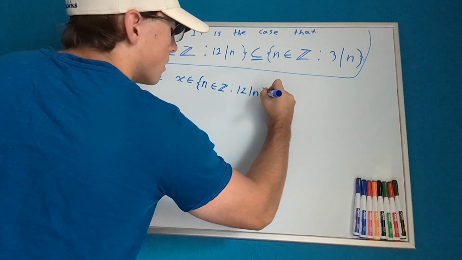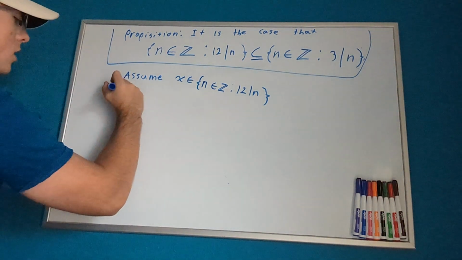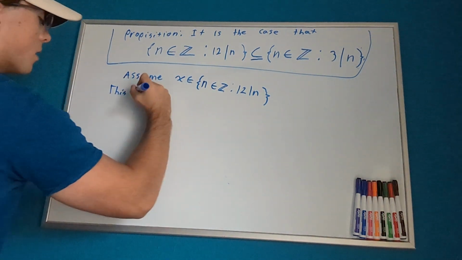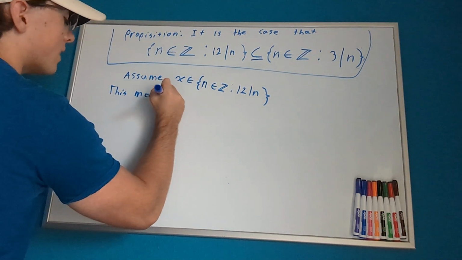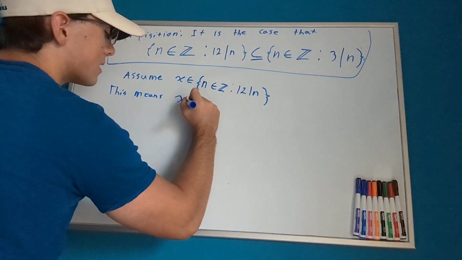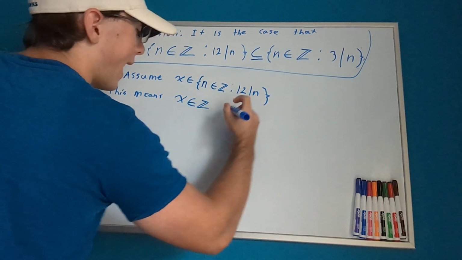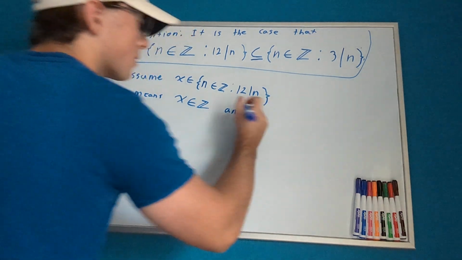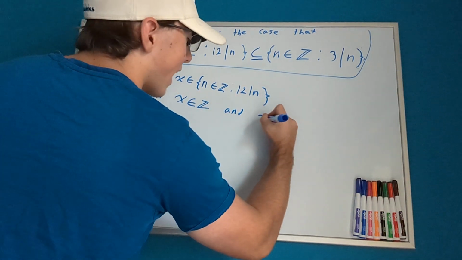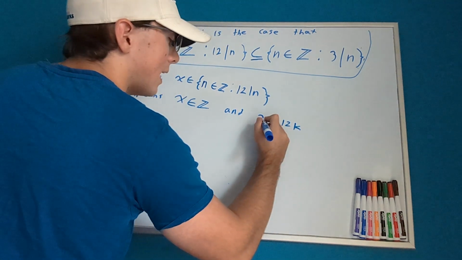So x is inside the integers and 12 divides x, right? Now, this means that x is also inside the integers and x equals 12 times some integer k.